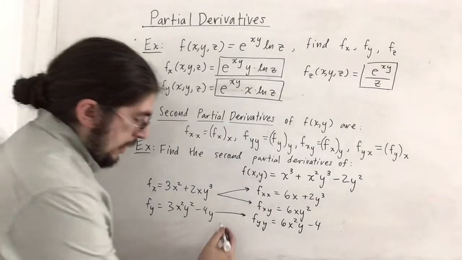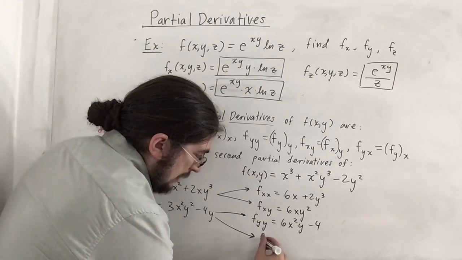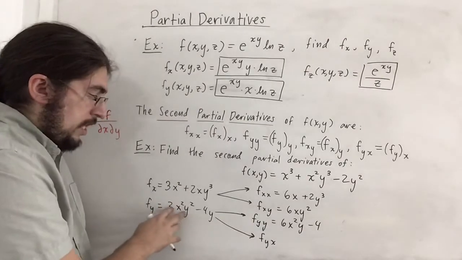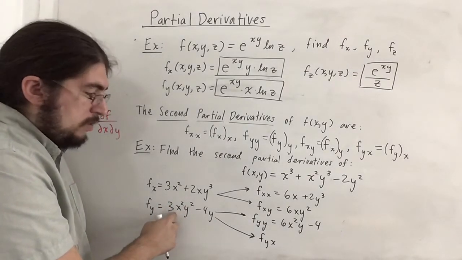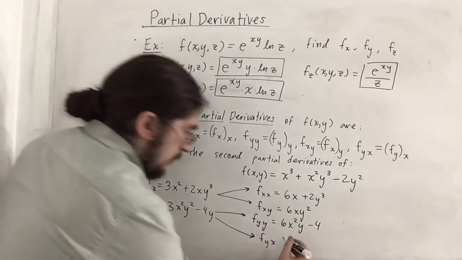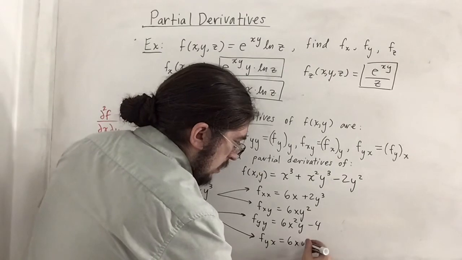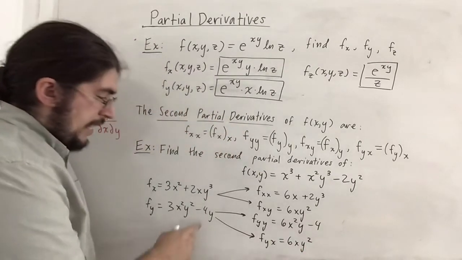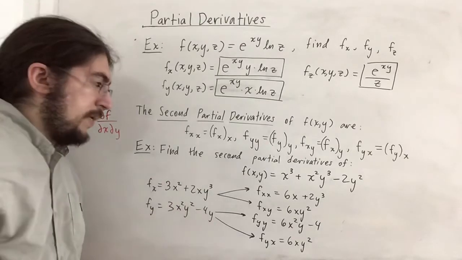And now finally, derivative of fy, but now with respect to x. So here, 3y squared is a constant, x squared has derivative 2x with respect to x, so it's going to be 6xy squared. And derivative of 4y, look at that, is 0 because 4 is a constant with respect to x.